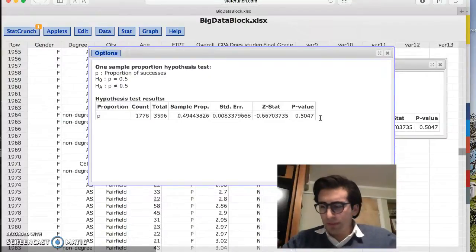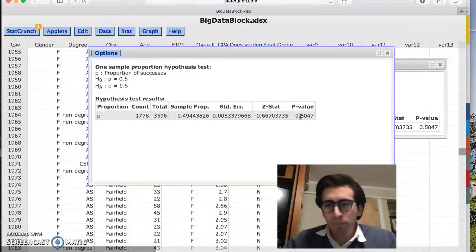So in conclusion, I would have to accept the null hypothesis that 50% of the students at Housatonic Community College are from Bridgeport, because our p-value falls within the range of over 0.05.